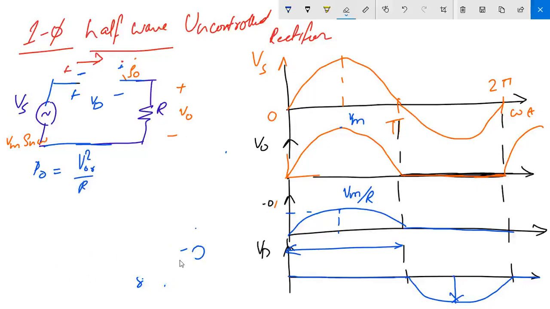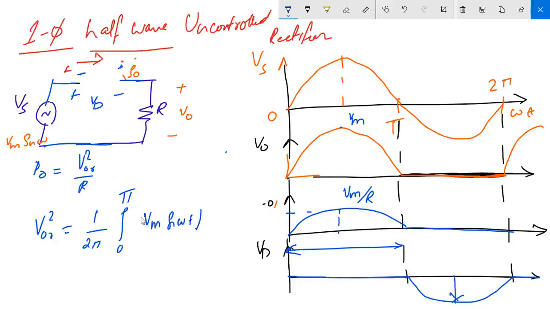And for V naught square, V naught square is equal to 1 upon 2 pi, that is the time period, integral from 0 to pi of Vm sin omega t whole square d omega t.